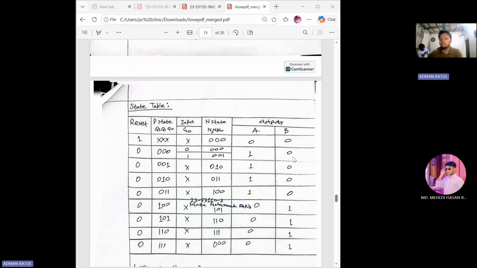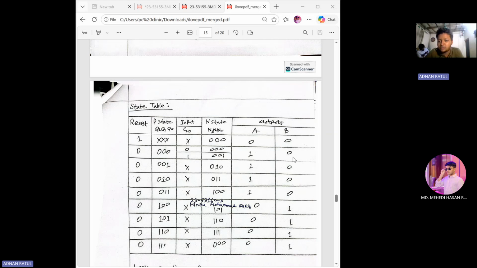The input is go, and the outputs are A and B. When reset is high, the FSM jumps to state 000 regardless of the current state. This is synchronous reset behavior.